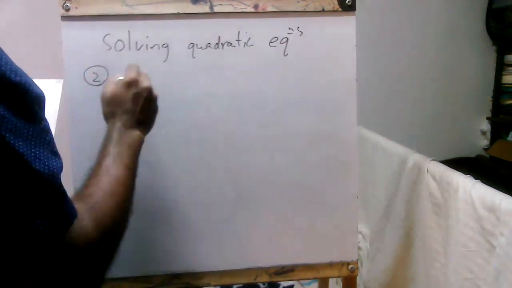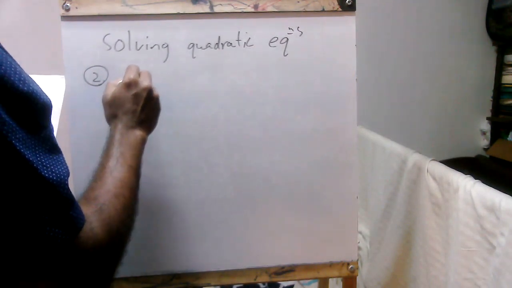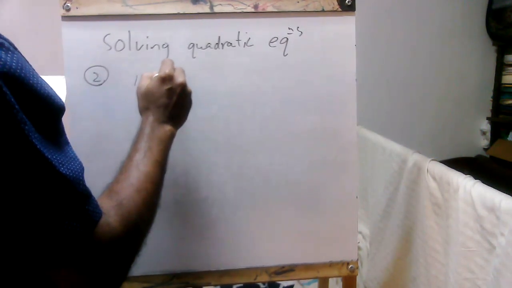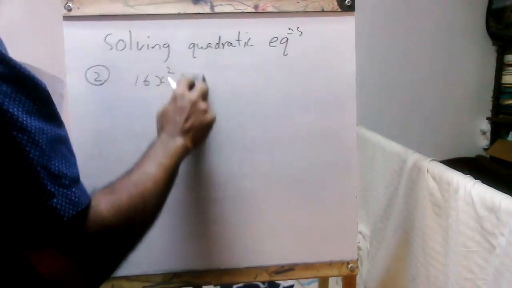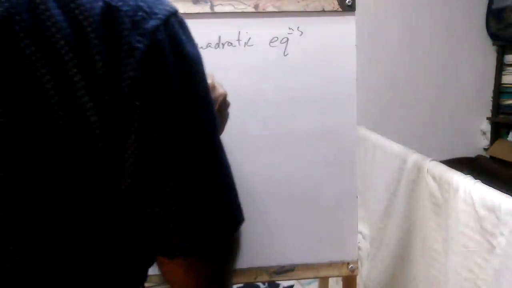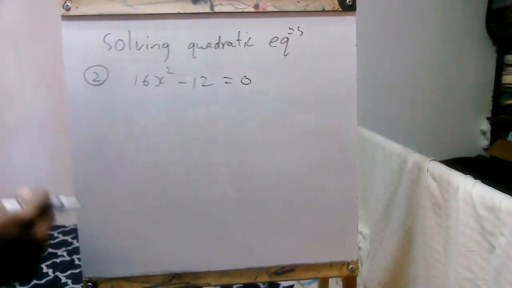Say you have 16x squared minus 12 equal to 0.